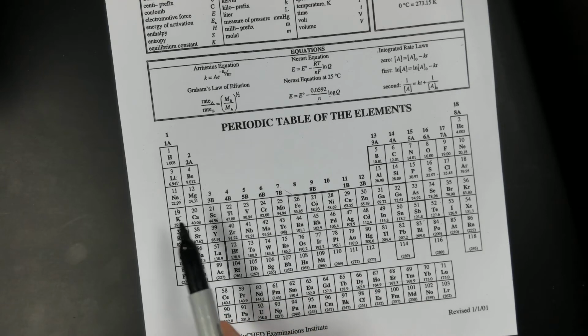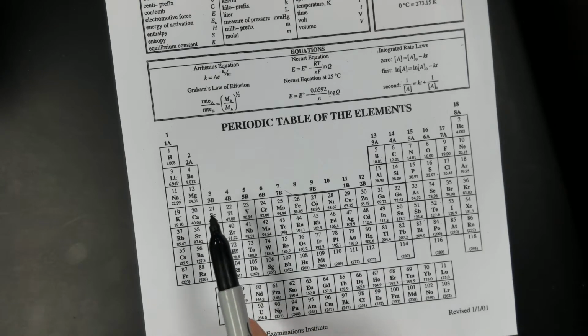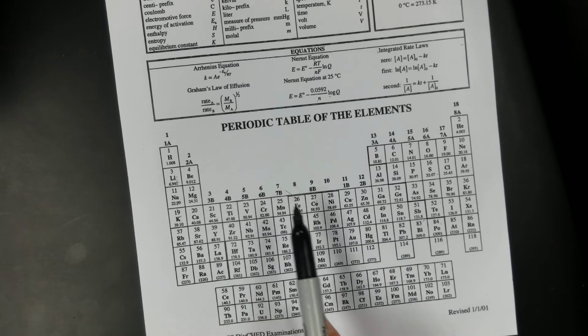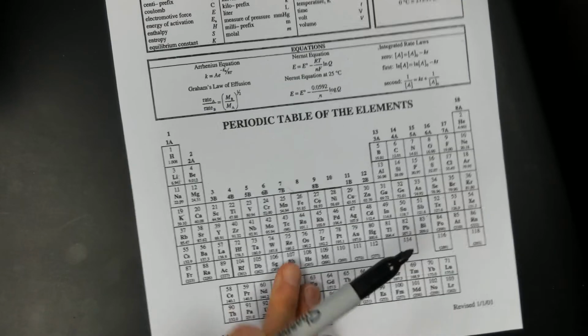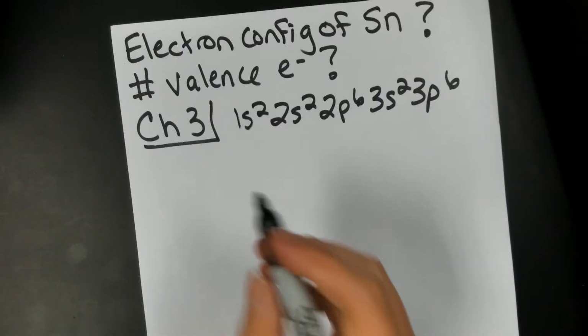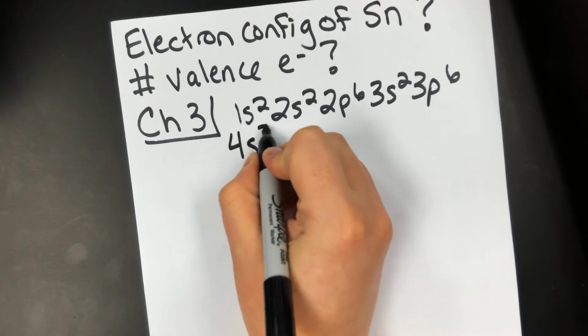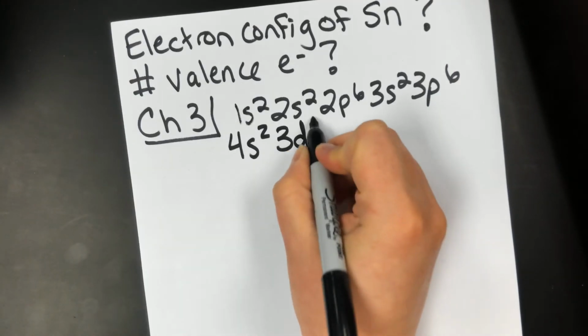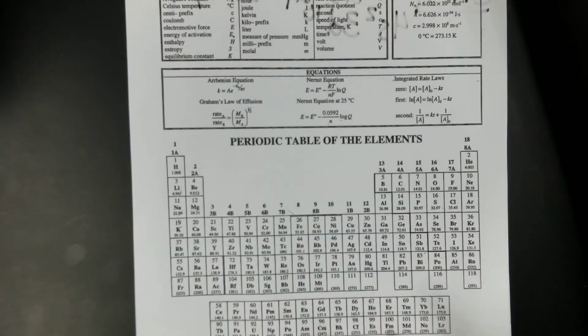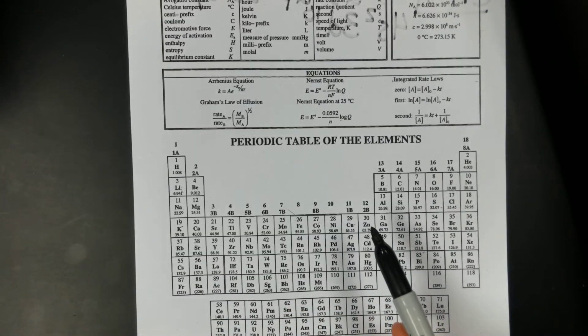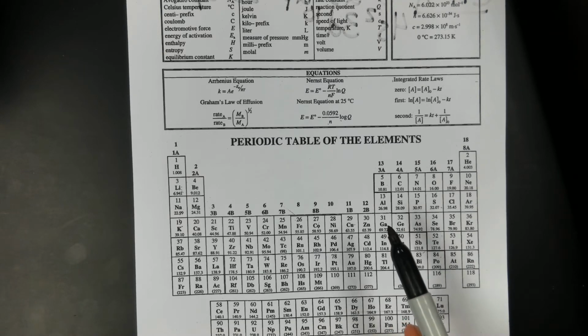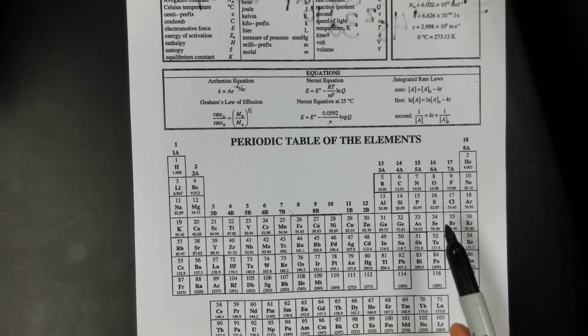So we have 4s2, 3d10. Now we're over here, and then we step back up. So this is 4p, 1, 2, 3, 4, 5, 6, 4p6.